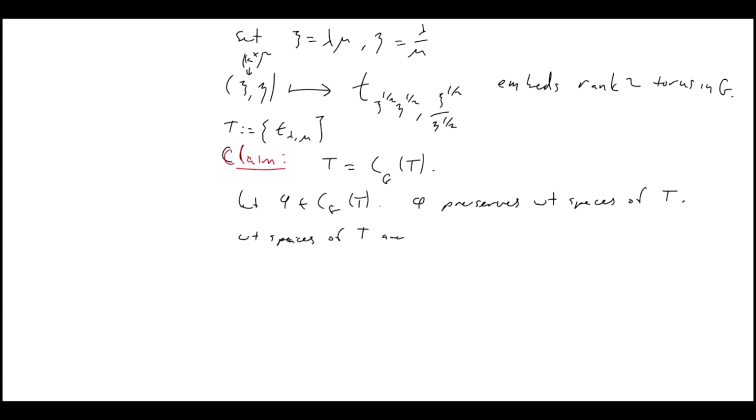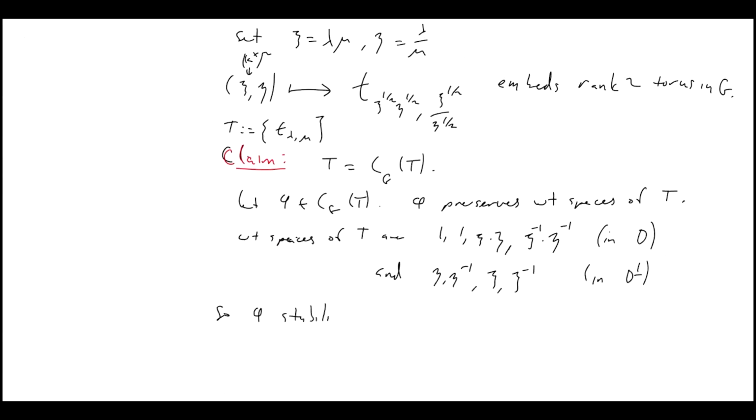So we have 1, psi times eta, and psi inverse times eta inverse, and these are all in D. And we have eta inverse, C inverse, and these are all in D perp. Okay? All right, so in particular, phi stabilizes D, and so by part B, it has a very specific form.